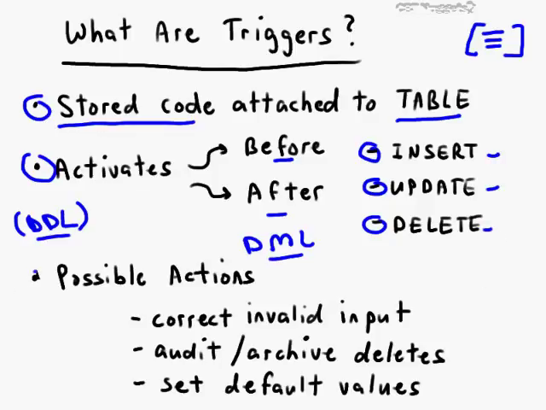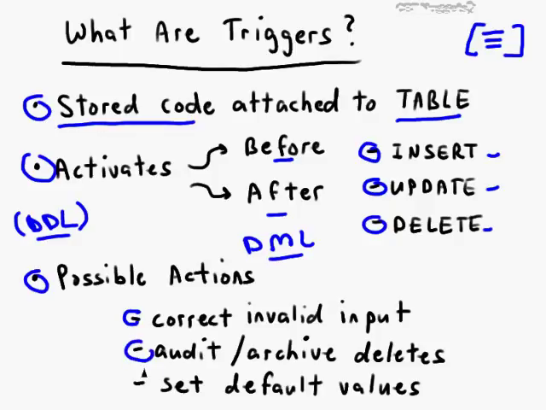Well, some possible actions that you can have happen in a trigger would be to correct invalid input. So if a user goes to put data into a table and you don't have a constraint defined or even available in MySQL that can sufficiently capture and correct that data correctly, sometimes a trigger can come in and perform more robust data cleanup for you.